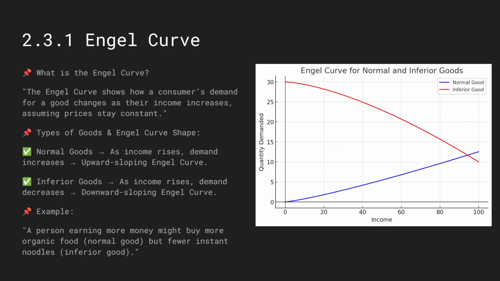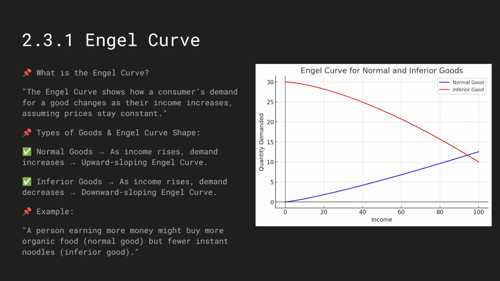Now, what's the link between income and demand? The Engel curve shows how a consumer's demand for a good changes as income increases. So, for normal goods, as income increases, demand increases, giving upward sloping Engel curves. And for inferior goods, as income increases, demand decreases. For example, when you were economically challenged, you would have eaten instant noodles.